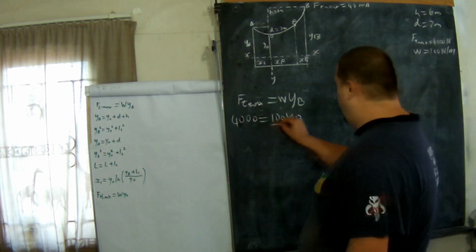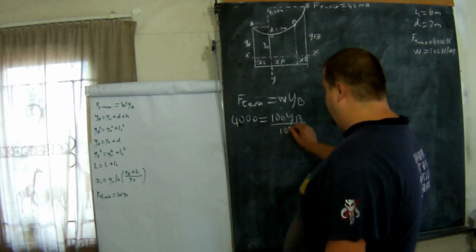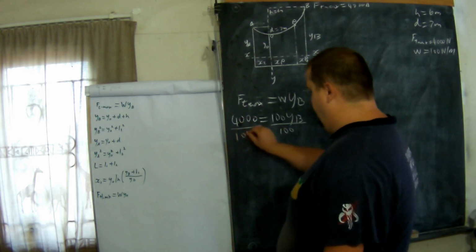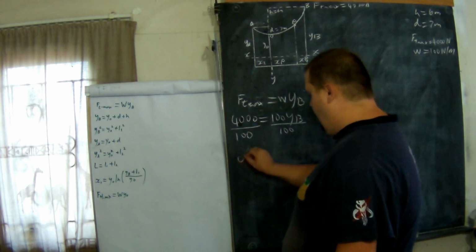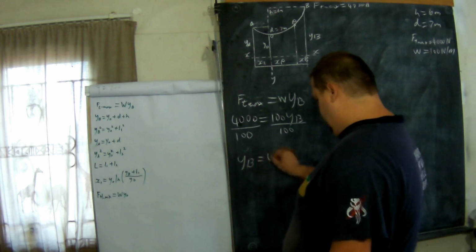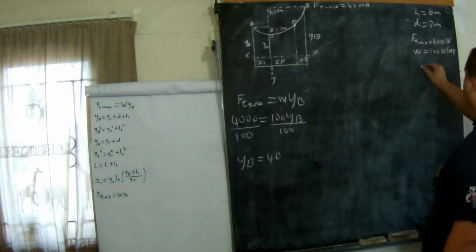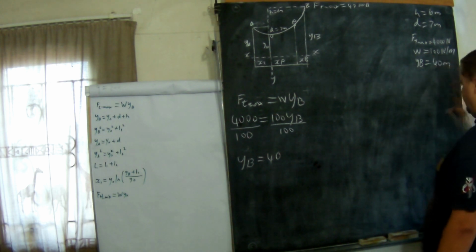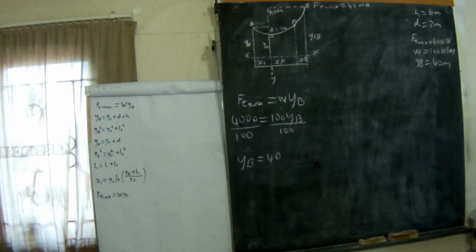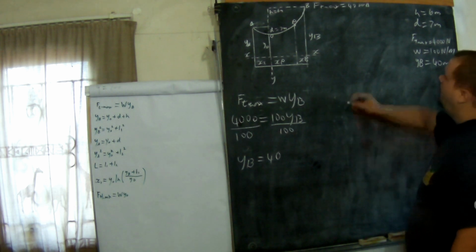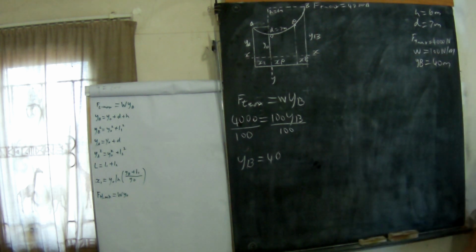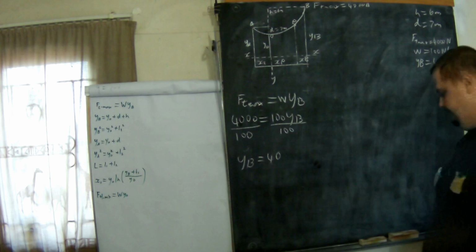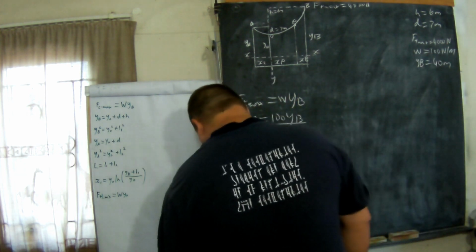To get YB by itself, we divide by 100, and YB equals 40. That is how high YB is. It's 40 meters high. Next point.